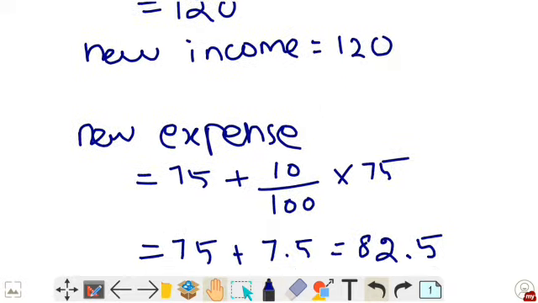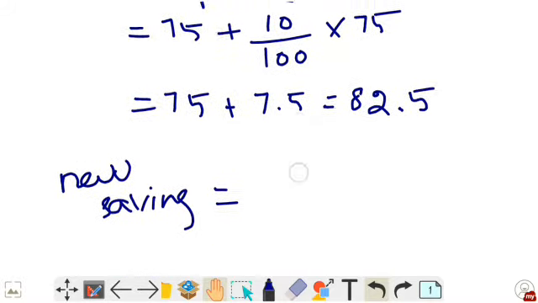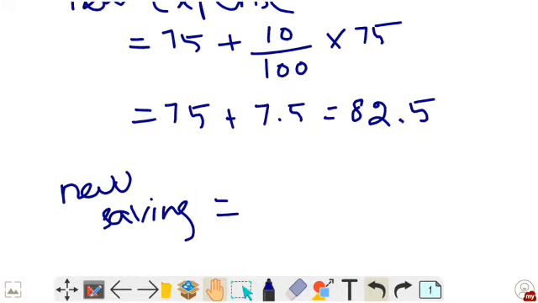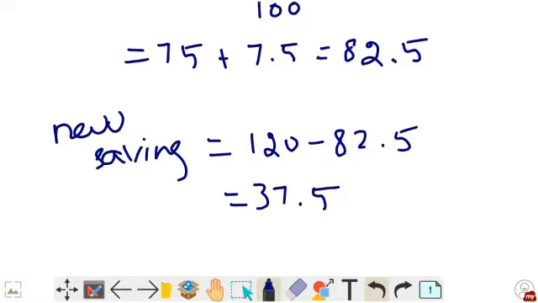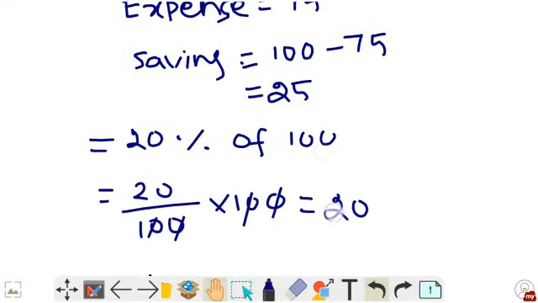We know new income and we know his new expense. So new income minus new expense, that is 120 minus 82.5, which is equal to 37.5. New saving is 37.5 and old saving is 25.